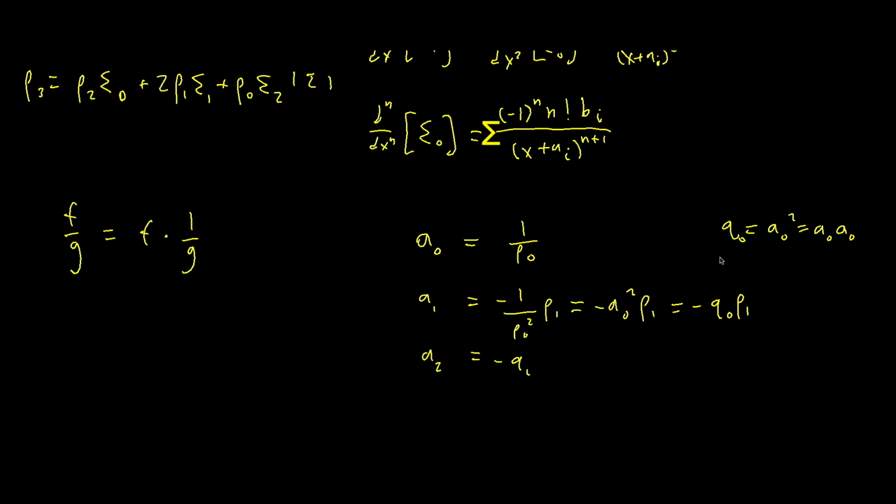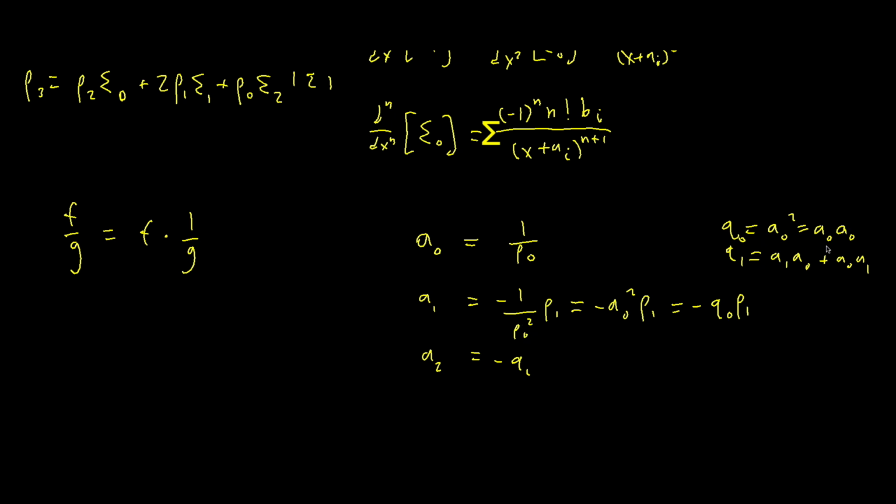So we get negative q1, and we can actually calculate q1 because the derivative of q is equal to a1 a0 plus a0 a1, which we've calculated already. Every derivative of q is always going to be in terms of an a that we've already calculated, and it's just the Leibniz product rule since q is the product of two functions, which are a naught.